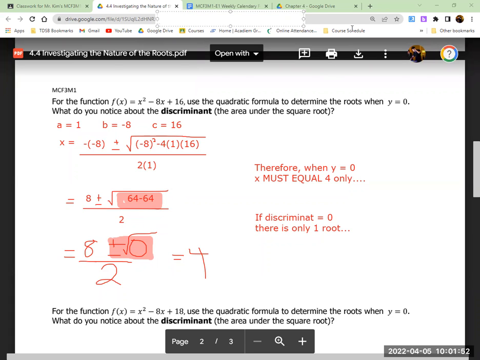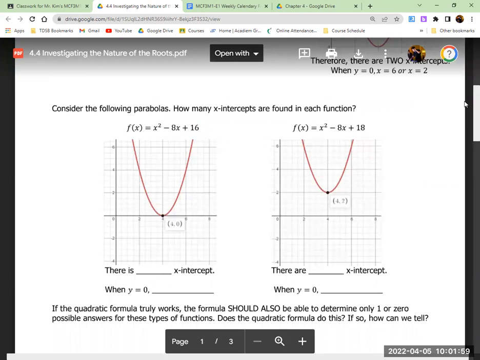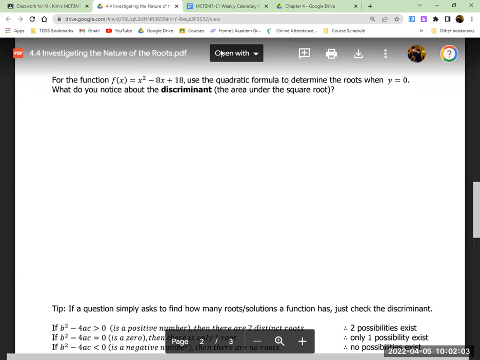Next question. For the function, this is the other graph, the right side graph, minus 8x plus 18. Let's try it. If the quadratic formula works, this should give us no answers. So once again, a is 1, b is negative 8, c is 18.